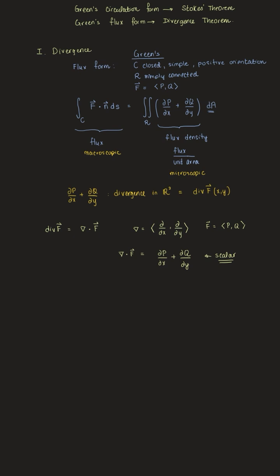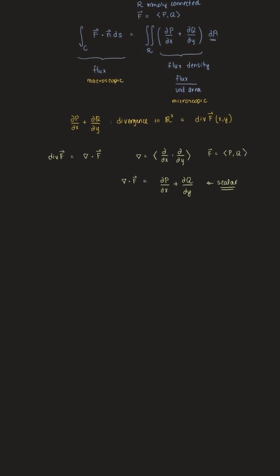If we lift this up to R3, really not a whole lot has to happen because let's suppose that our vector field F has now three components and each of those components is a differentiable function. So P, Q, and let's say R. And so then our del in R3 is going to be the operator where we take partial of x, partial of y, and partial of z.